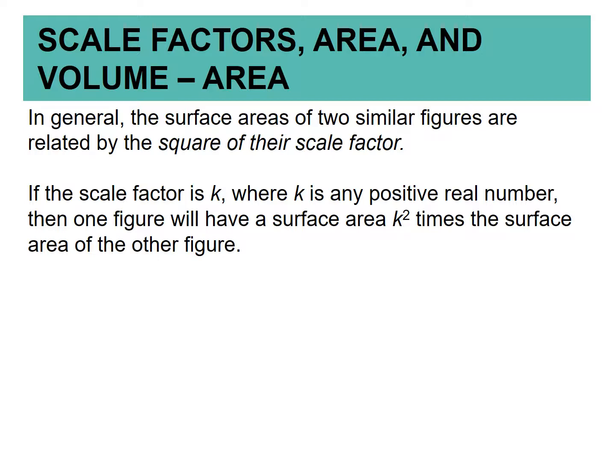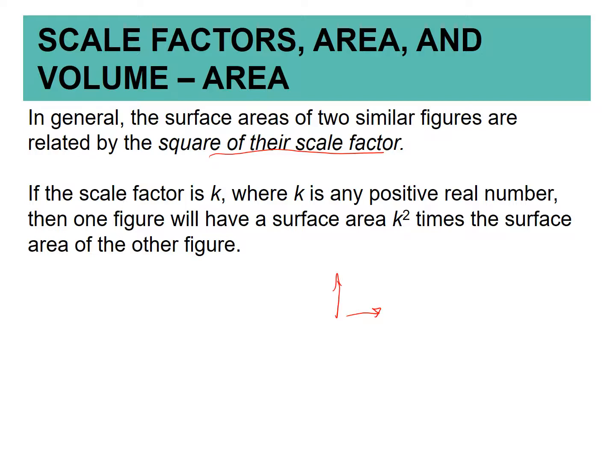Okay? Now, if you have a scale factor of 2 between 2 similar figures, the area is going to be the square of their scale factor, because you've increased in 2 directions.